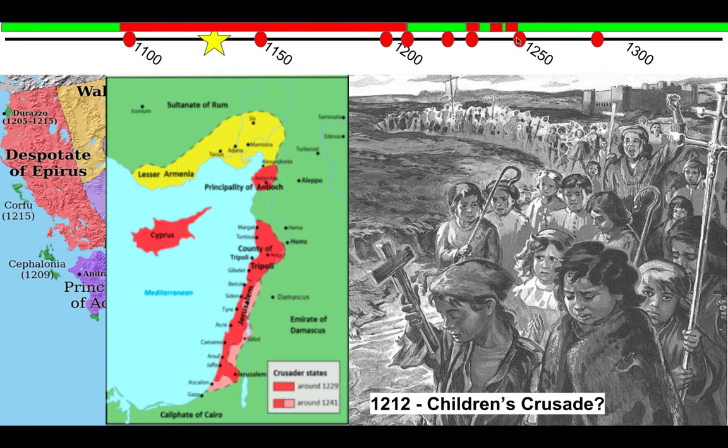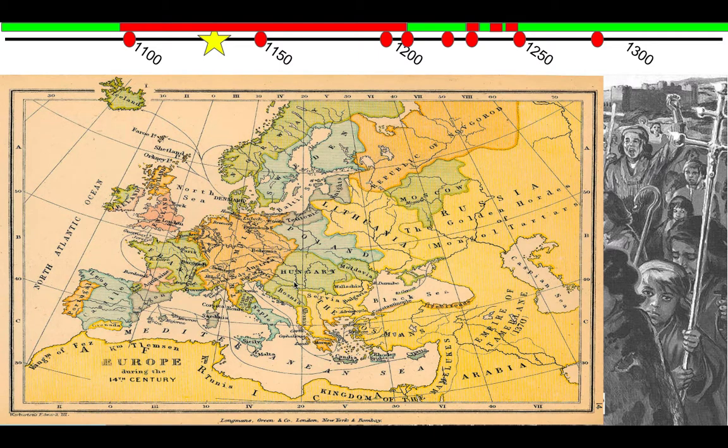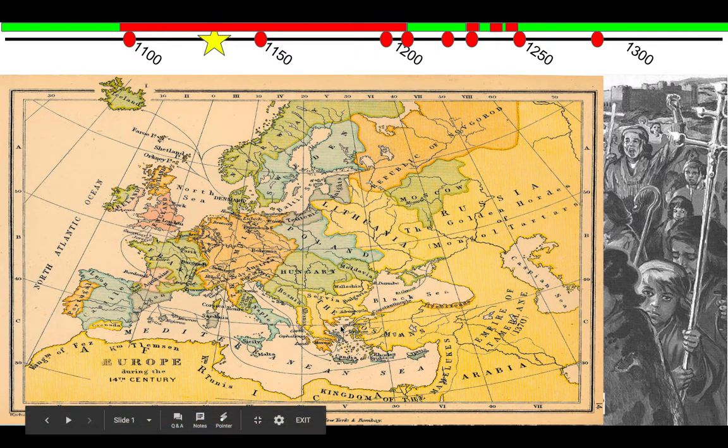So we're talking 1249 to 1917. That's a significant period of time. So what we see is that, and this is during the 14th century, so this is a map of Europe in the 1300s.